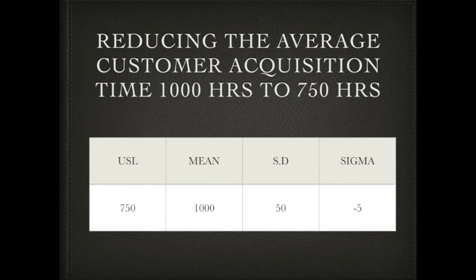The difference between the upper specification limit and mean is just 250. In 250, we can accommodate 5 standard deviations, but since the mean level is beyond the upper specification limit of 750, we are having here minus 5 sigma level.